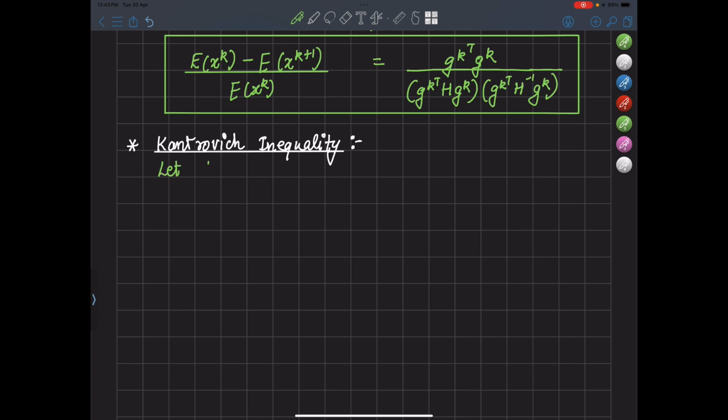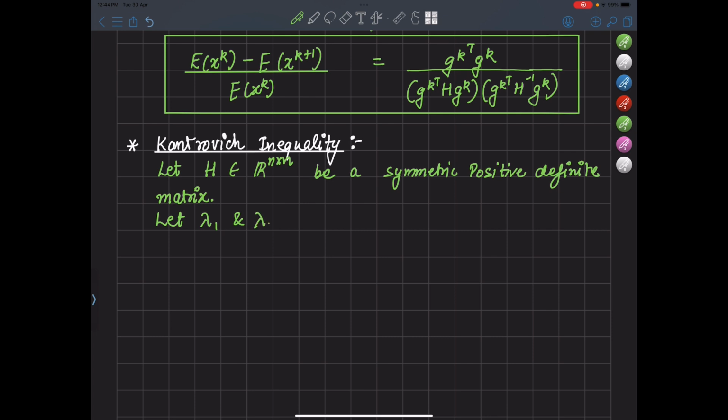Let H belong to R^(n×n), a real n cross n matrix, be a symmetric positive definite matrix, and let lambda 1 and lambda n be respectively the smallest and largest eigenvalue of H.